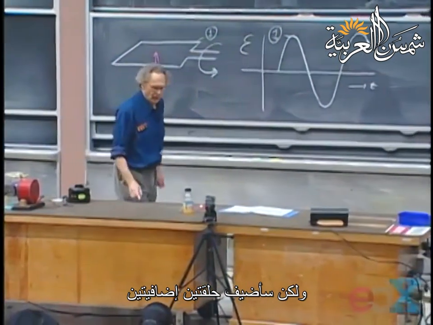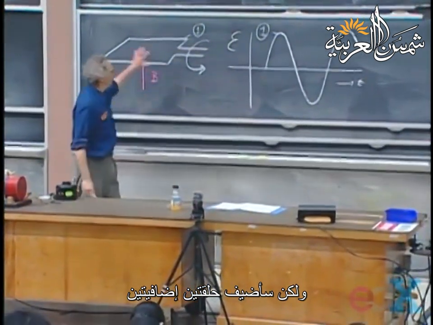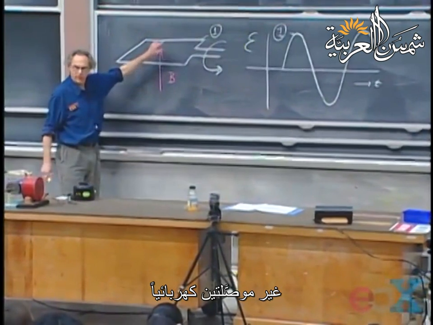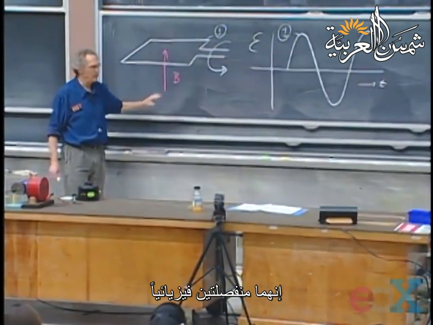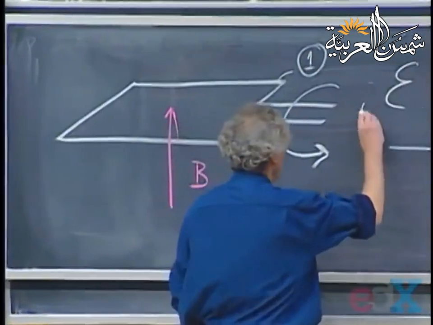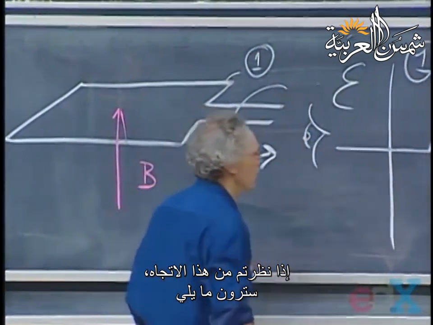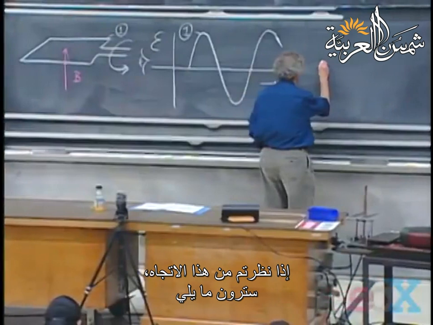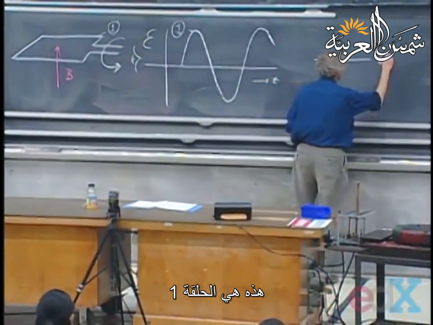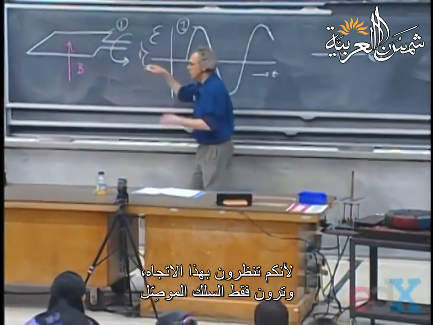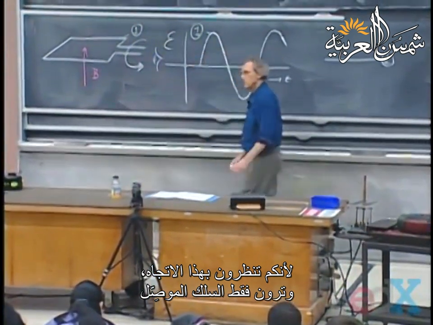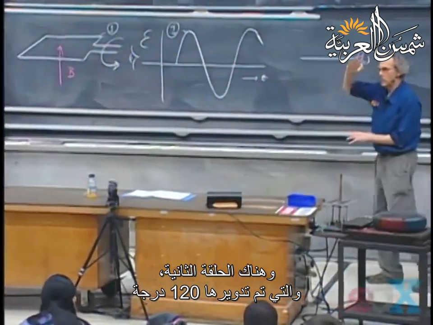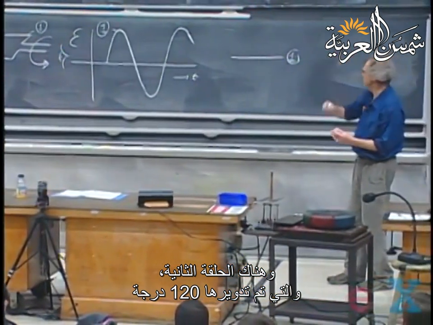But now, I'm going to add 2 more loops, which are not electrically connected, physically separate. If you look from this direction, you will see the following. This would be your loop number 1, because you're looking in this direction and you would only see the conducting wire like so. I have now a second one which is rotated 120 degrees.